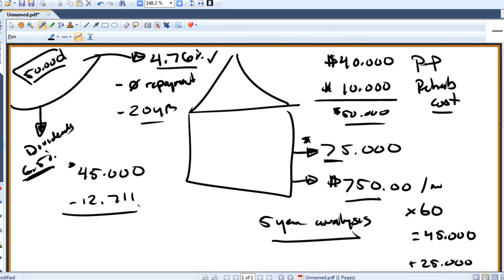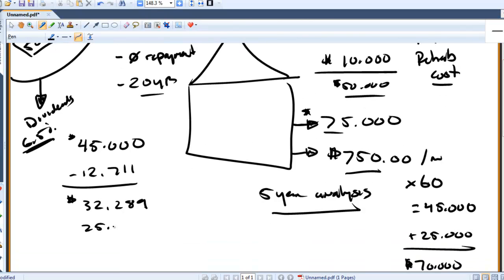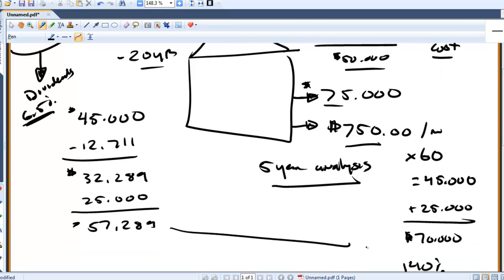So $45,000 minus $12,711 is $32,289. Now we also have to add in the $25,000 because of the built-in equity, so $25,000 plus that is $57,289. We see here that $57,289 is less than $70,000, so the rate of return is going to be less.